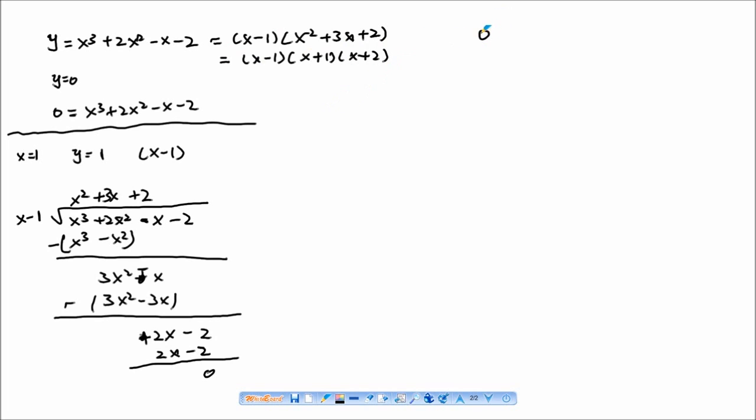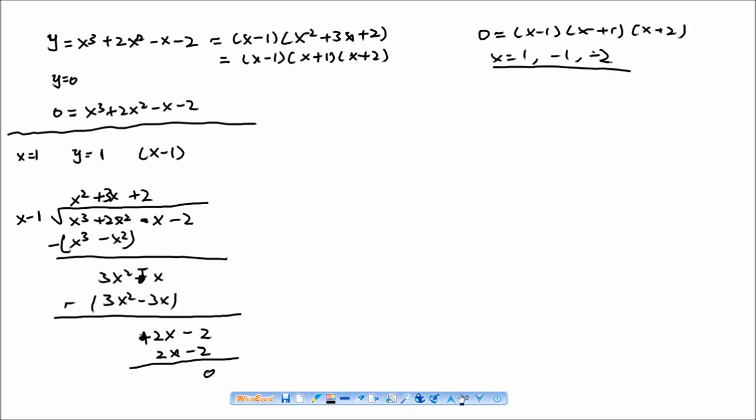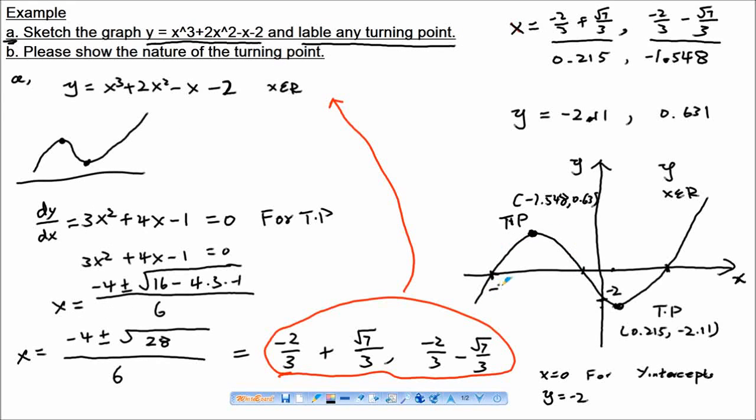So 0 equals x minus 1, x plus 1, x plus 2, and x is going to be 1, minus 1 and minus 2. So these are our x-intercepts. Let's label them now: minus 2, minus 1, and 1. And this is the graph.